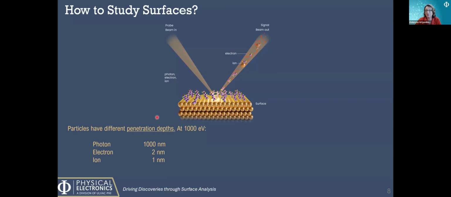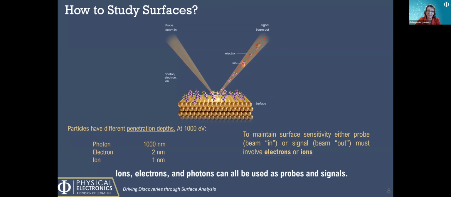Photons travel on the order of microns, while electrons and ions only travel 1 to 2 nanometers. Therefore, to design a surface analytical method, we need to use either electrons or ions, either as a probe or as a signal. There are analytical techniques that combine all of these particles as probe or signal, and today we're going to review several of them.